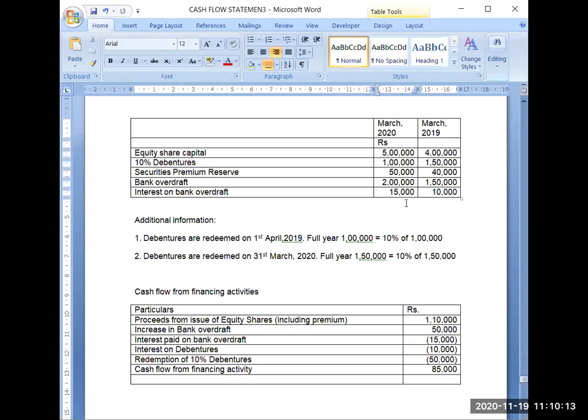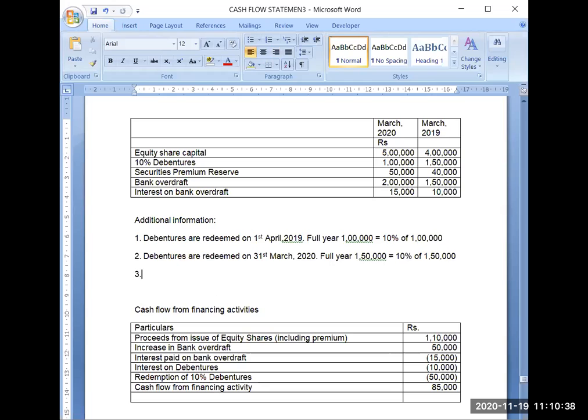So my final balance will be 1 lakh on the last day, not for the full year. So what amount have I used for the full year? I have used 1,50,000 of debentures for one full year. That's why I will pay interest on 1,50,000. I hope this point is clear now.